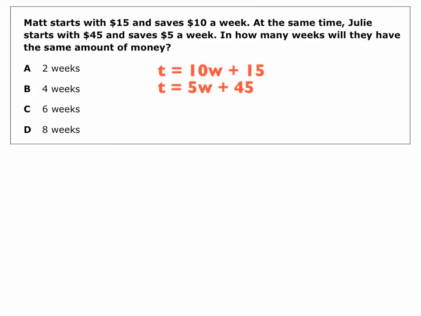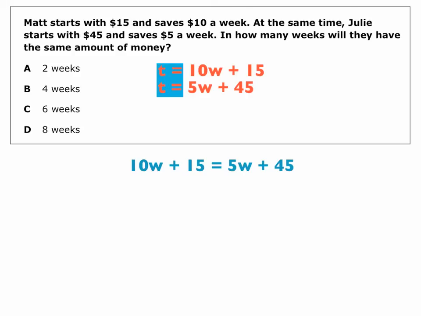Because both of these equations are equal to T, I can set the 10W plus 15 equal to the 5W plus 45. I've simply substituted and set them equal to each other because they're both equal to T. I need to solve for W now, and first I'm going to combine like terms.